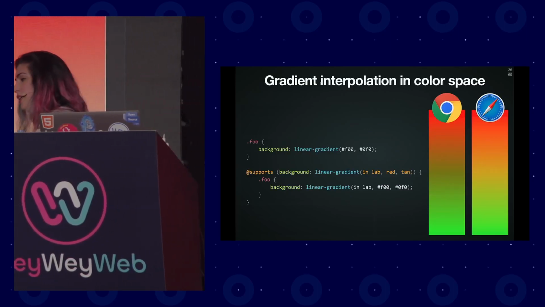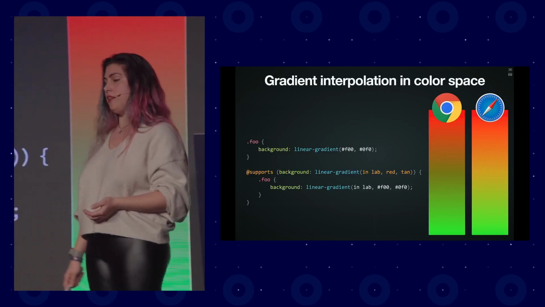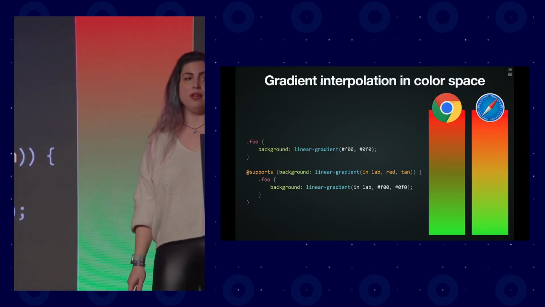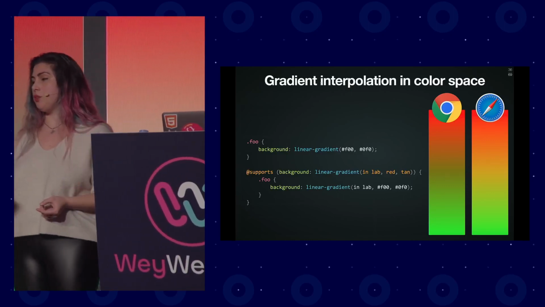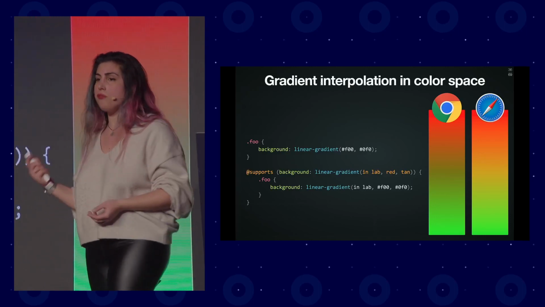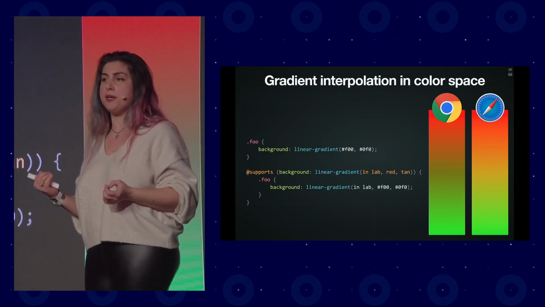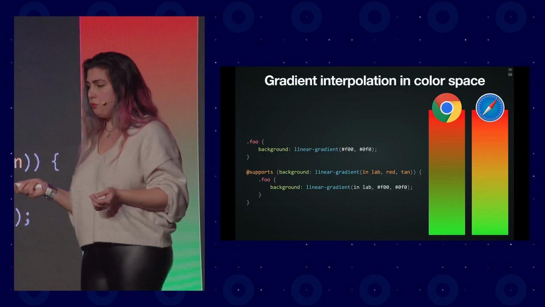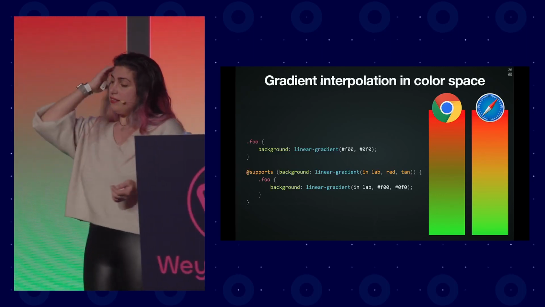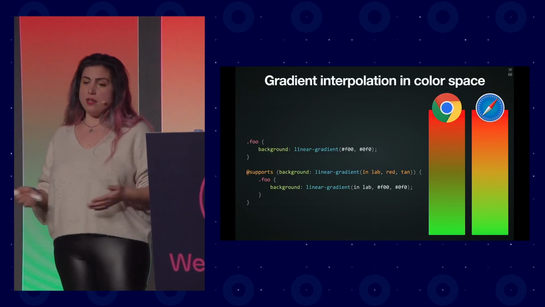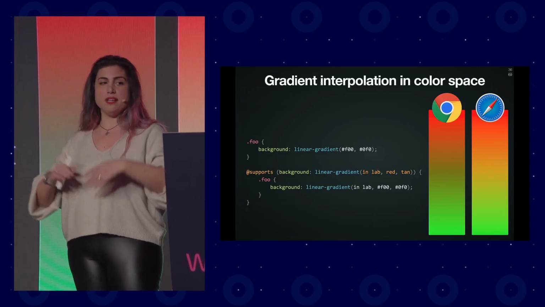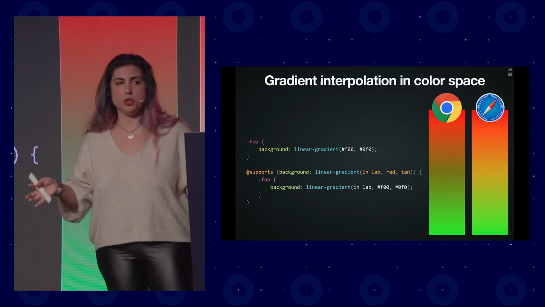Another use case where the space toggle hack can be useful is for progressive enhancement. So here's an example. How many of you have heard of gradient interpolation in different color spaces that's upcoming? A few. All right. So right now, when you use CSS gradients, colors are interpolated in the sRGB color space.